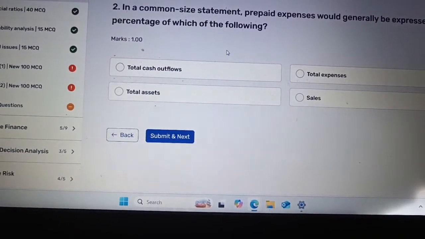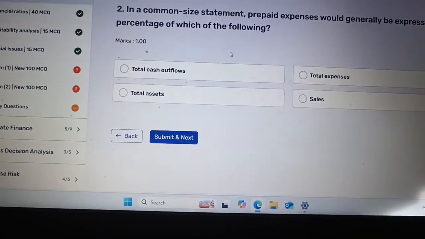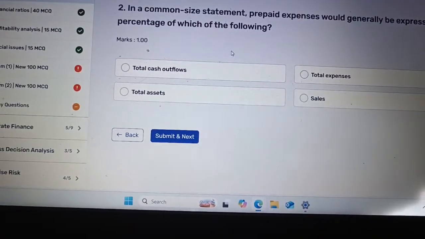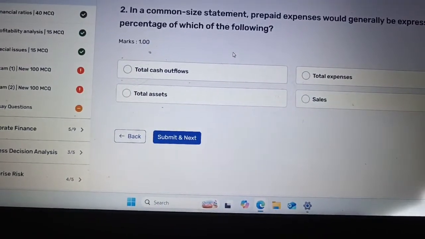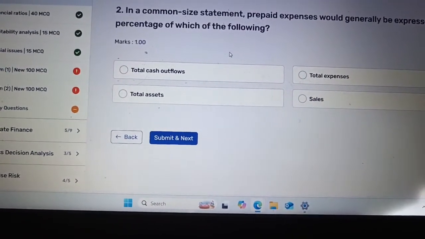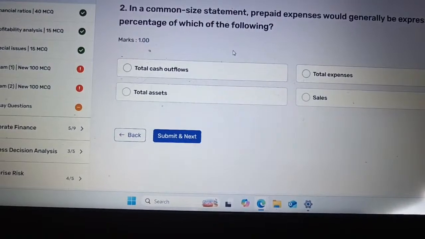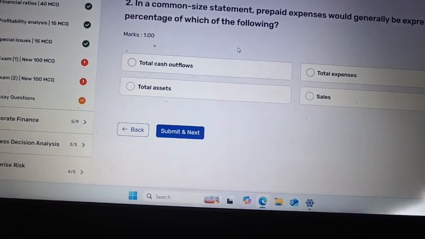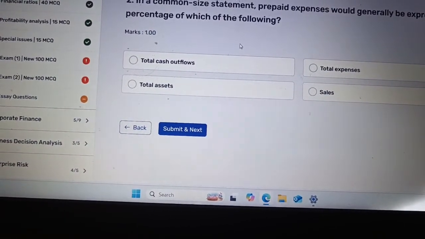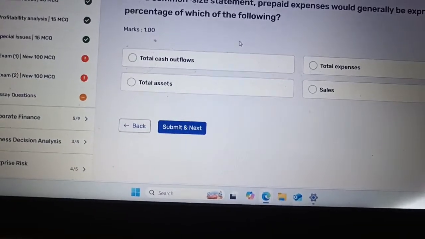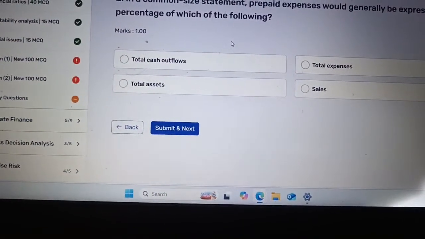In the common size statement, prepaid expenses would generally be expressed as a percentage of which of the following? In a common size statement, prepaid expenses means what? Prepaid expenses is a part of the balance sheet, right? And this is a current asset. Then it is expressed as a percentage of which of the following: total cash outflow, total expenses, total sales, or total assets?